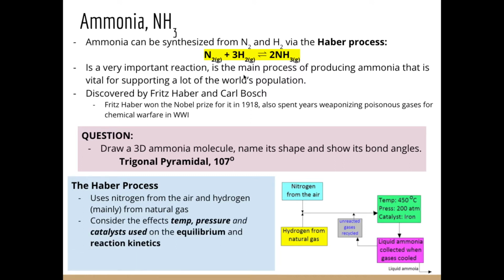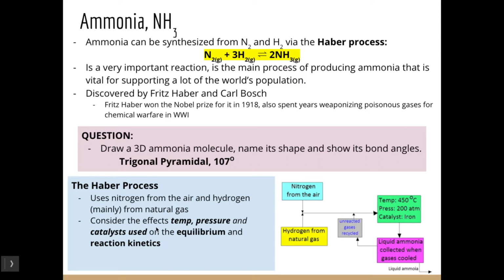It reacts these in a 1 to 3 ratio due to the mole ratio of the equation. And it has these conditions. We have a high temperature, 450 degrees Celsius, high pressure, 200 atmospheres, and we have an iron catalyst. Liquid ammonia is then collected when the gas is cooled, so that's drained off. Unreacted gases are recycled, and we can make sure that we use as much of the reactants as possible.